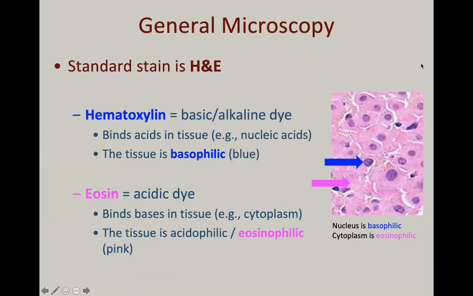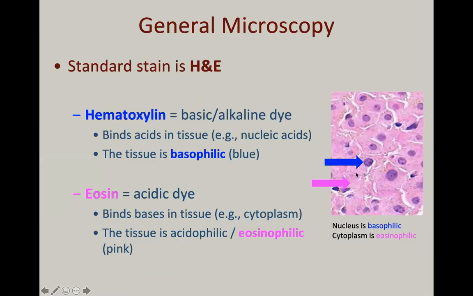The stain that all cases get is standard hematoxylin and eosin. Hematoxylin is a basic or an alkaline dye. So it binds acids in the tissue, specifically nucleic acids, and it turns that tissue bluish. So we call this blue or basophilic because it has an affinity towards the basic dye, essentially.